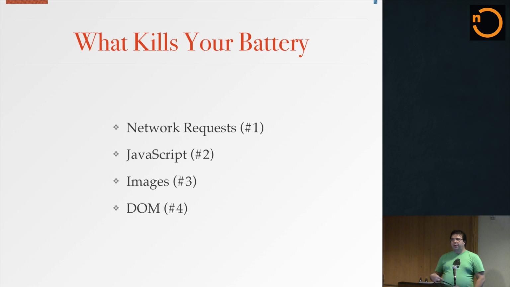But one important thing is the battery, because all of those constraints are tied to battery consumption as well. The more network you use, the more you consume your battery. The more complicated your JavaScript is, the faster your battery dies.